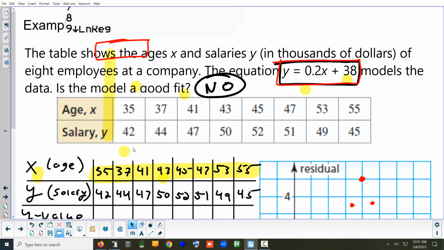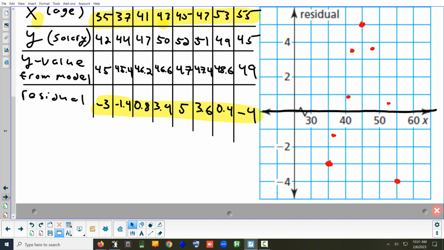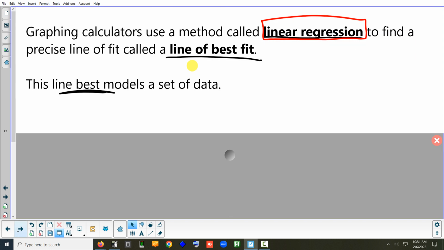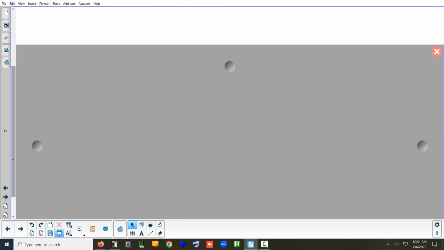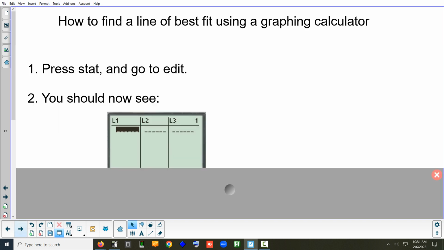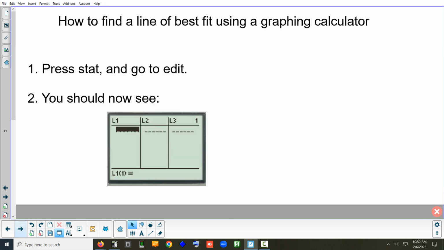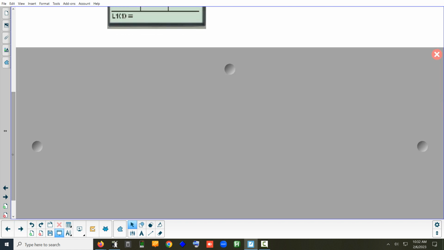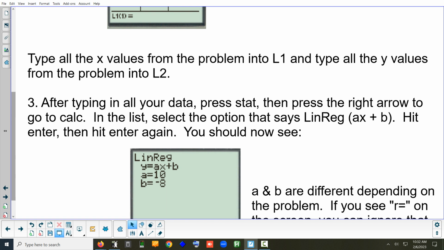So let me put the steps up. I'm not going to have you guys practice it today, but we'll practice it tomorrow. But at least you'll have the steps. Okay. Do you guys already have steps 1 and 2 written? Yeah. Okay. So you've got that. I'm just seeing if there's anything you need to fill in. Do you guys have step 3 written down? Okay, so you've got that.